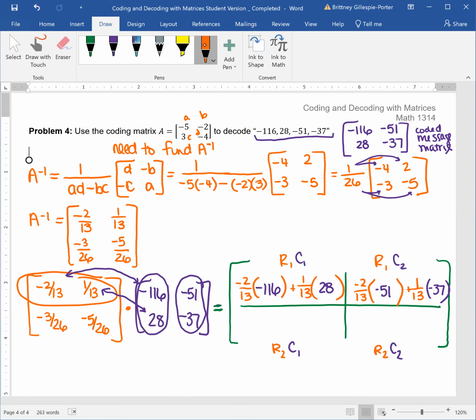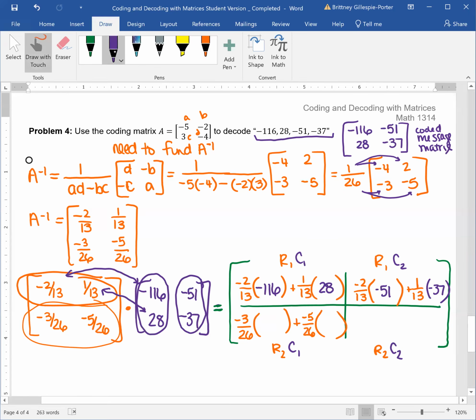Now that we've finished row 1, let's attack row 2. We're going to have -3 over 26 times something plus -5 over 26 times again that's something. But remember, it's coming from column 1 of our purple, or just remember that we are dropping the numbers down from the purple.